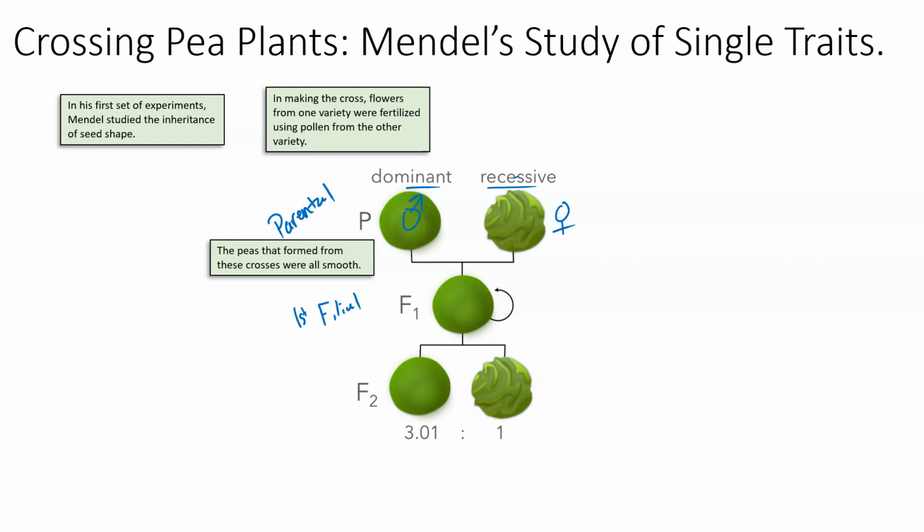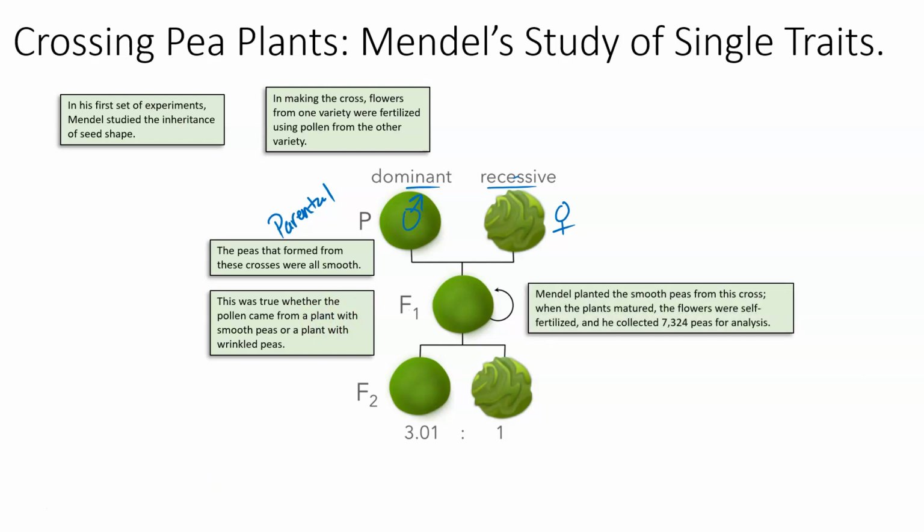Were they exactly like the original father? Well, he needed to find out. So the way he did that was he then self-crossed the F1 plants with the F1 plants. So he self-crossed, meaning this is what that arrow is for. He crossed an F1 with an F1.